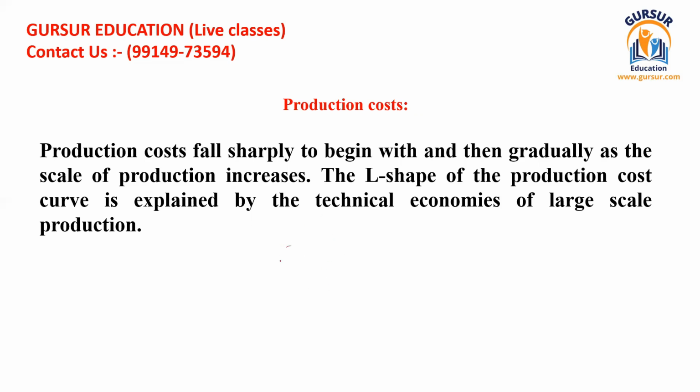This happens due to economies of scale, and this is why it makes the curves L-shaped. The L shape of a production cost curve is explained by technical economies of large scale. This is why these make an L-shaped curve, and these are flatter than short run cost curves.